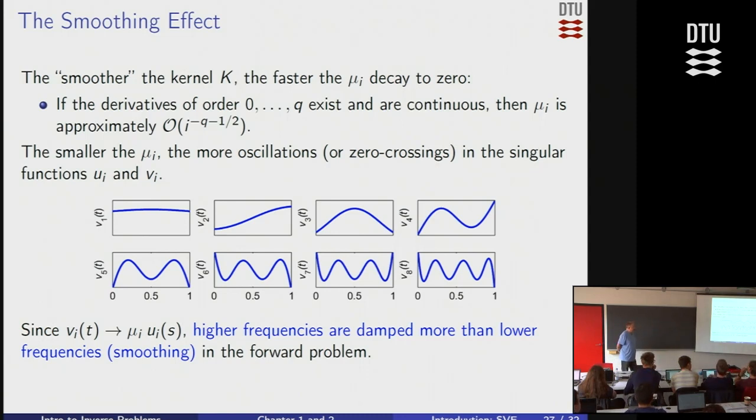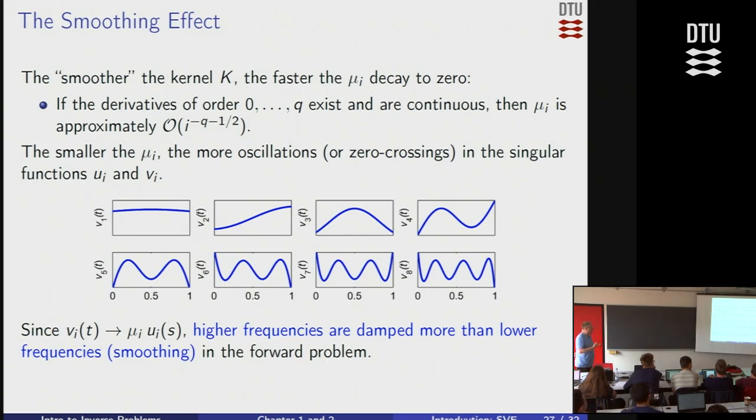As the index i increases, these functions tend to have more and more oscillations. It looks a bit like a spectral basis, right? Like sines or cosines. But these are certainly not sines or cosines. They are much more complicated. But they still have that feature that as you increase the index i, you see more and more oscillations or zero crossings, however you want to characterize that.